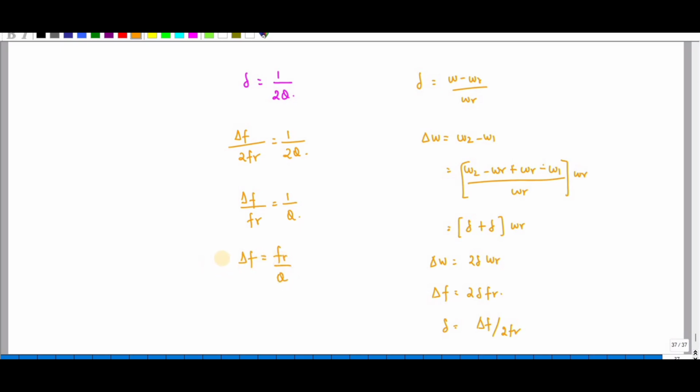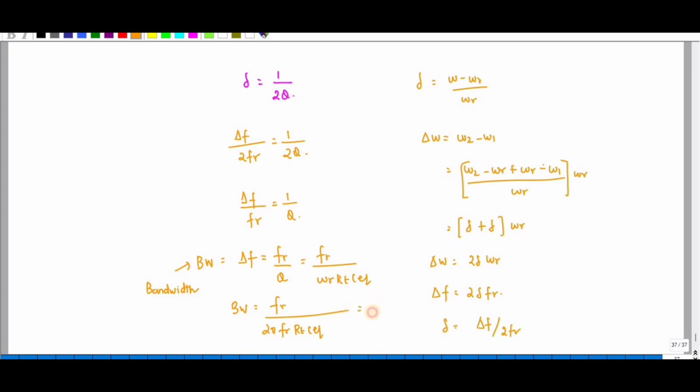So what is del f? Del f is nothing but the bandwidth. Difference in the frequency is bandwidth. So we know that what is the value of Q? Q is nothing but omega r RT C equivalent, right? So if I substitute this one, my bandwidth is equal to fr divided by 2 pi fr RT C equivalent.